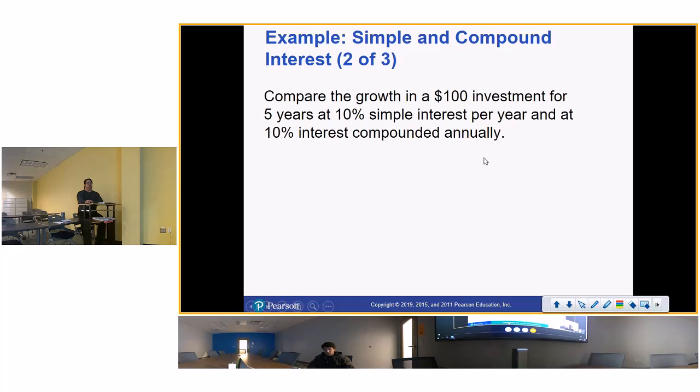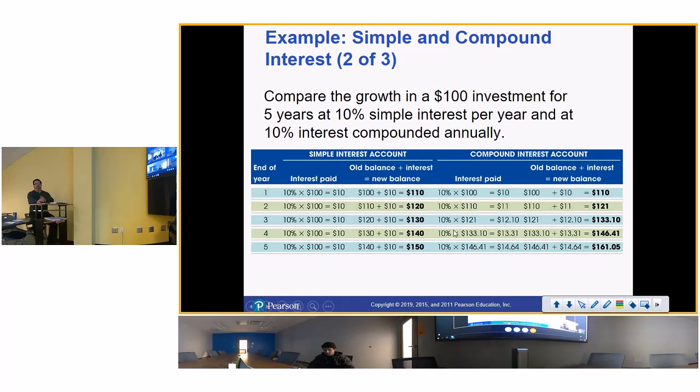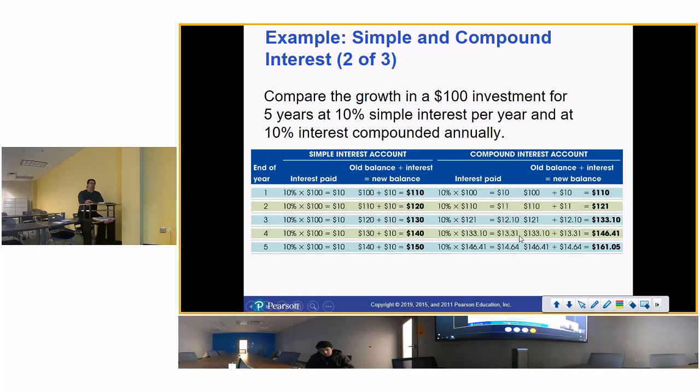Okay, simple interest. This is where they're going to do it 1 year, then 2 years. That's what we did a while ago. Does everybody understand what we did? You do 100 plus, what's 10% of 100? 10. Be 110. Then you take 110, and then that becomes what?